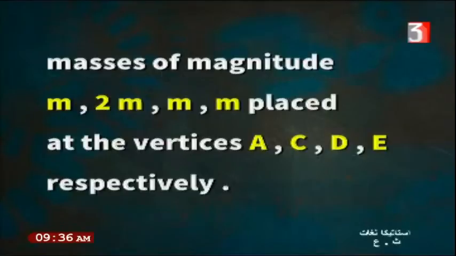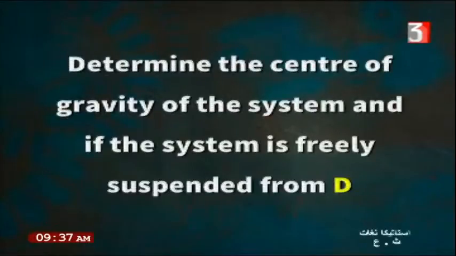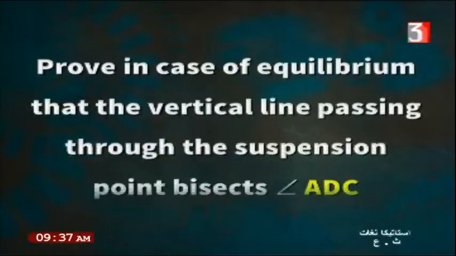Masses of magnitude 2M, M, M are placed at vertices A, C, D, E respectively. Determine the center of gravity of the system, and the system is freely suspended from D. Prove that in case of equilibrium the vertical line passing through the suspension point bisects angle ADC.